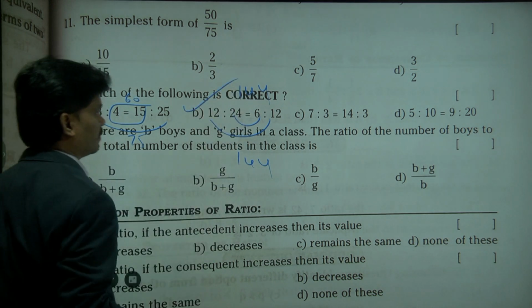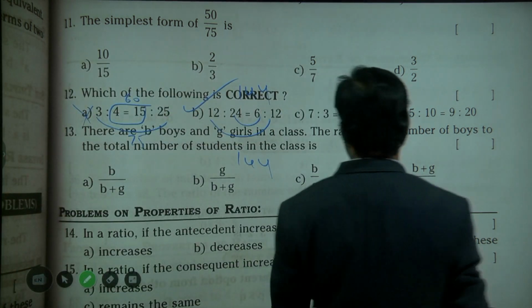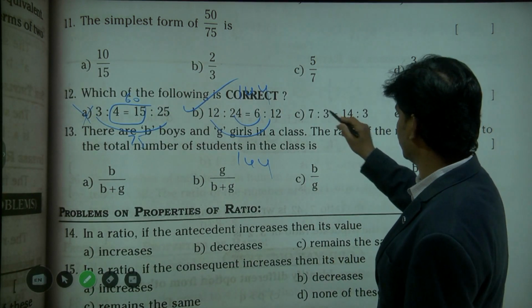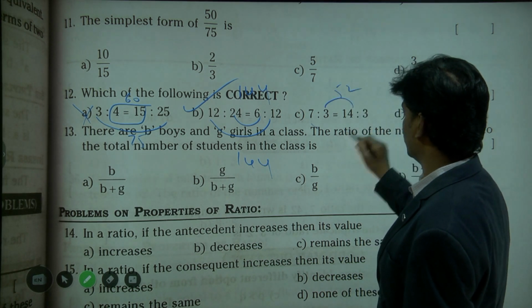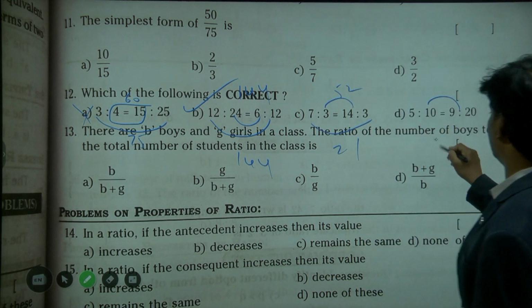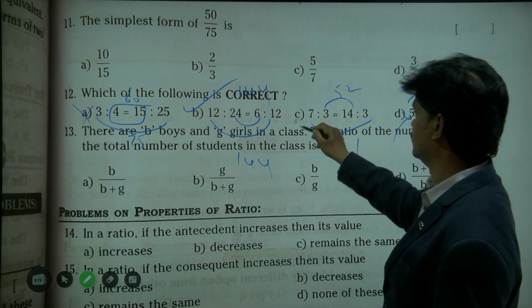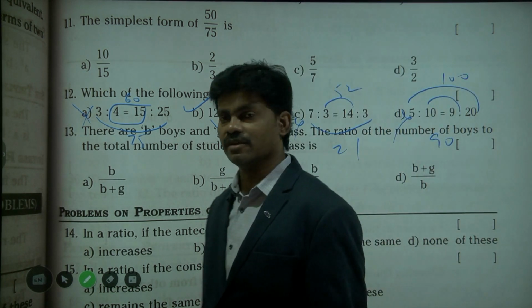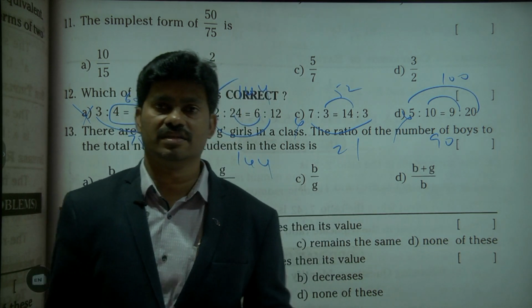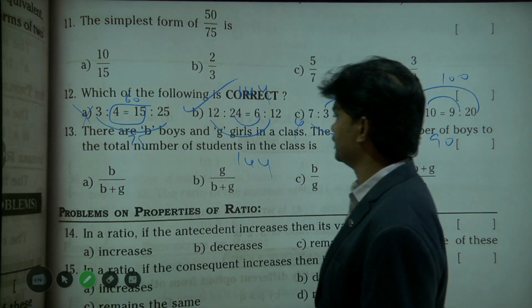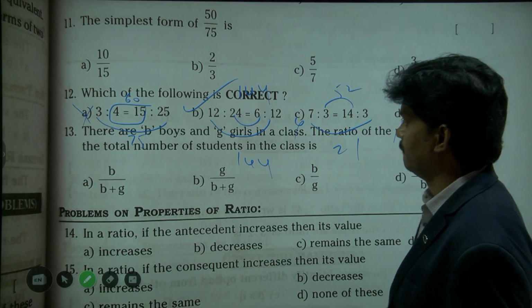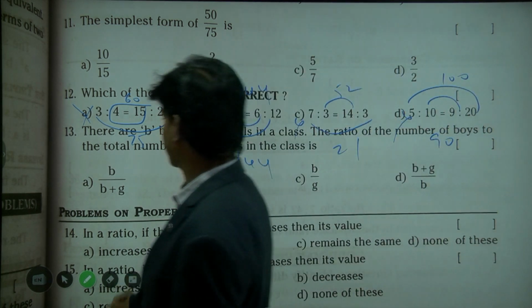Yes. 14 threes, 40 plus 12, 52, no. 90, 100, no. So if the product of means is equal to the product of extremes, then we can say those ratios are equal. Right? Next question.